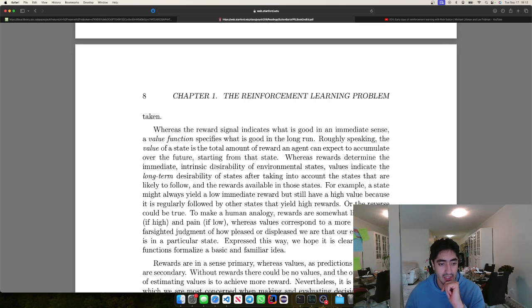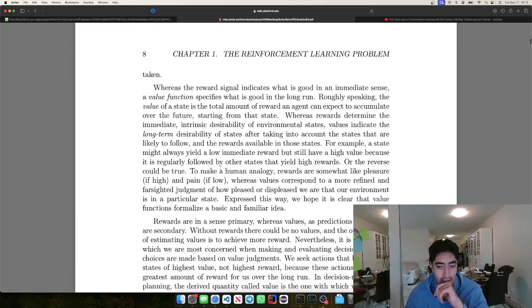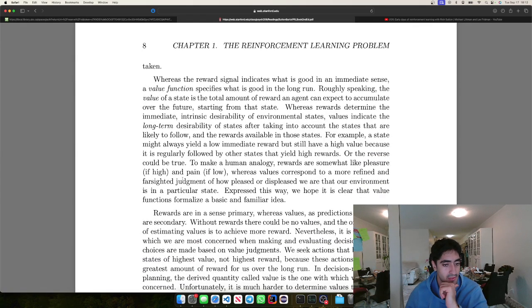For example, a state might always yield a low immediate reward but still have a high value because it is regularly followed by other states that yield high rewards. Or the reverse could be true. To make a human analogy, rewards are somewhat like pleasure if high and pain if low.